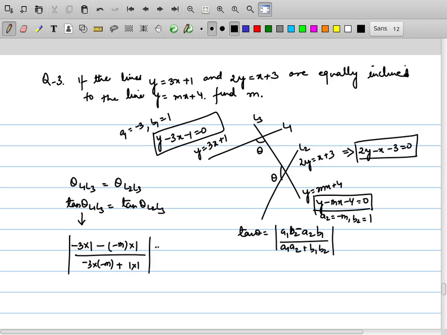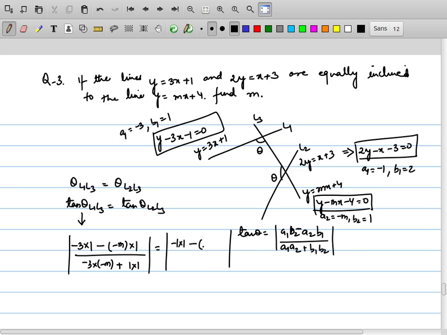This angle should be the same as the angle between L2 and L3. This was your L2 and this was your L3. Now assuming this to be a2 b2, a1 is minus 1 and b1 is 2. So therefore a1 b2, a1 is minus 1. What is b2? 1.